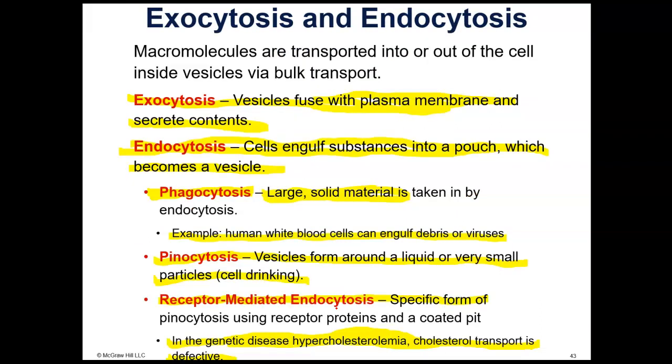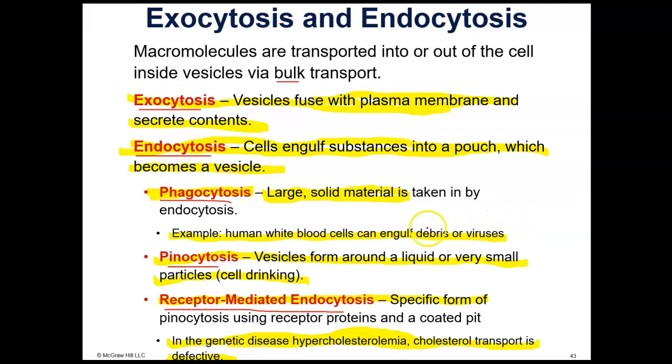All right, the last type of transport, and we're going to end with this, is bulk transport. Bulk means large, a large amount of material. So if the material is moving out of the cell, we call it exocytosis. And if it's moving into the cell, we call it endocytosis, and there are 3 different types: phagocytosis, pinocytosis, and receptor-mediated endocytosis.